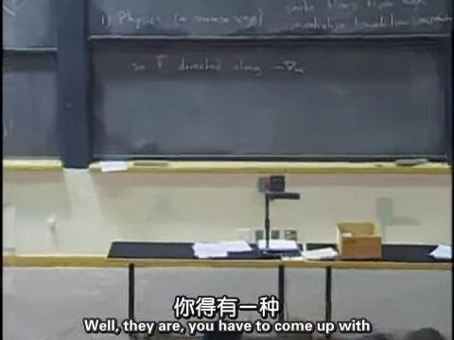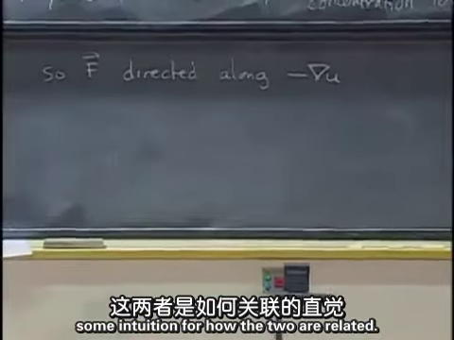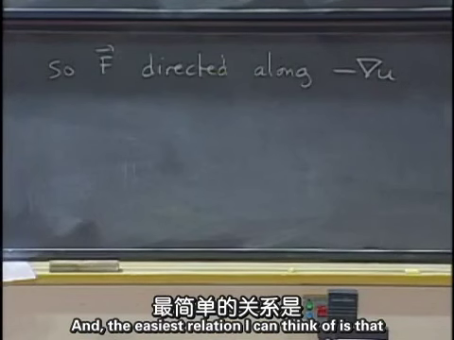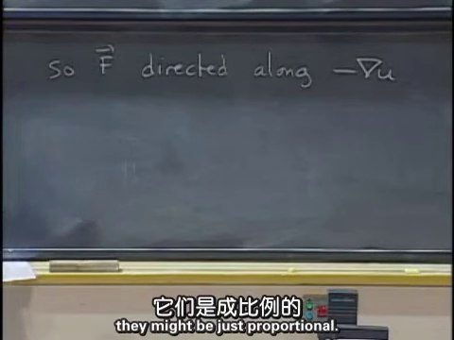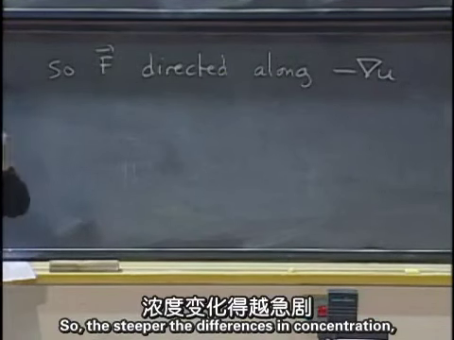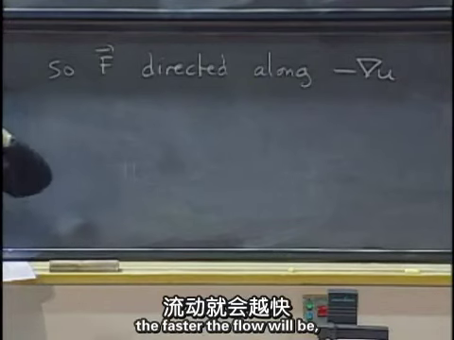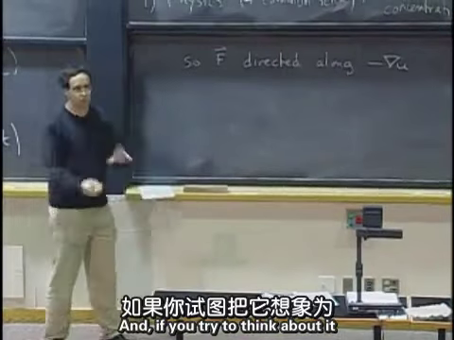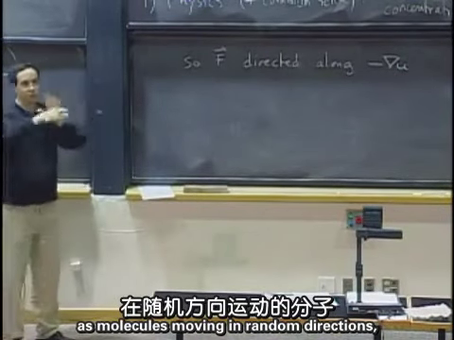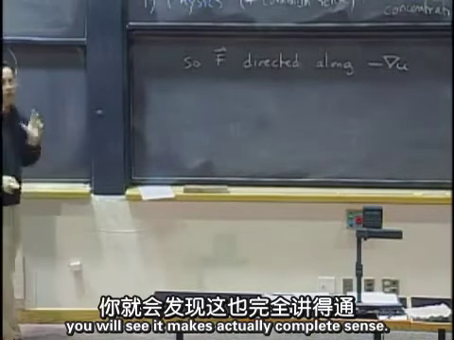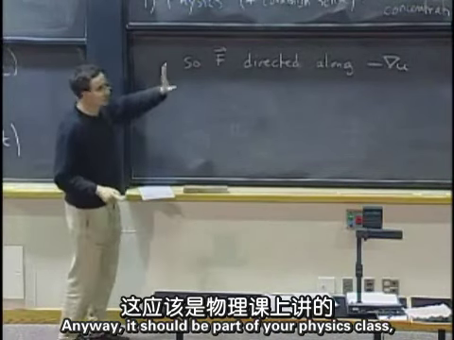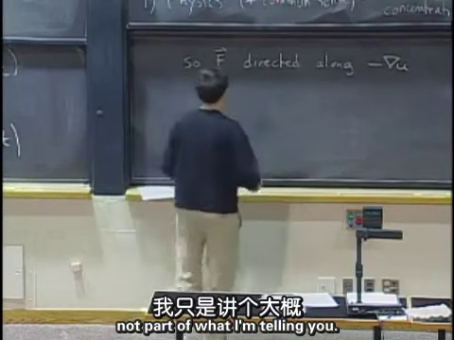Well, there you have to come up with some intuition for how the two are related. And the easiest relation you can think of is that they might be just proportional. So, the steeper the differences in concentration, the faster the flow will be. And if you think about it as molecules moving in random directions, you will see it makes complete sense. But anyway, it should be part of your physics class, not part of what I'm telling you.